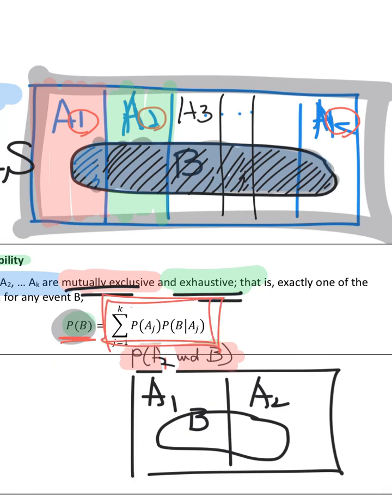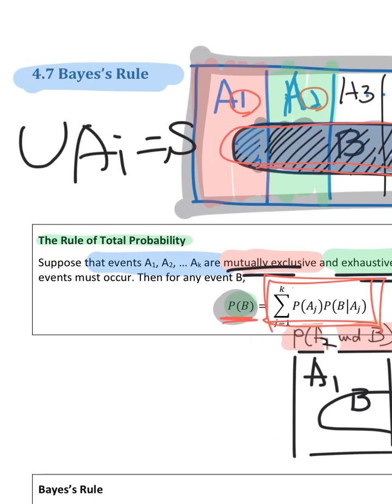It looked ugly, but now we can change it. The multiplication was the probability of A and B, and if we sum up all kinds of A and B, it will be the same as the probability of B. Is that good? Okay, so that is the rule of the total probability.